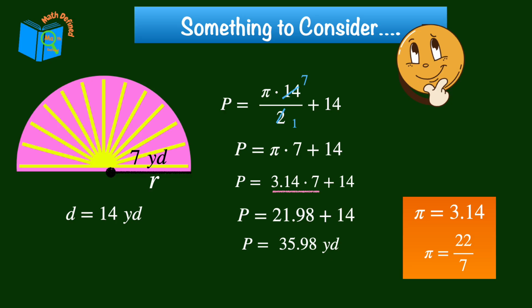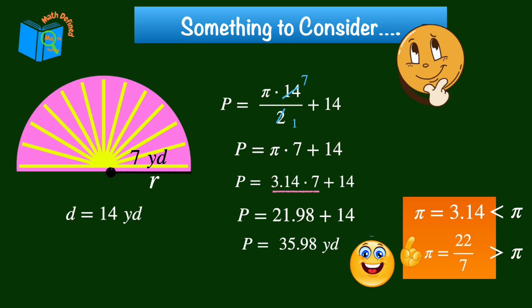That's a little different than the 36 yards we got before by using the fraction 22 over 7. Why do you suppose that is? Well, both of these two approximations for pi are exactly that, an approximation. 3.14 is slightly less than the true value of pi, and 22 over 7 is slightly more than its true value.